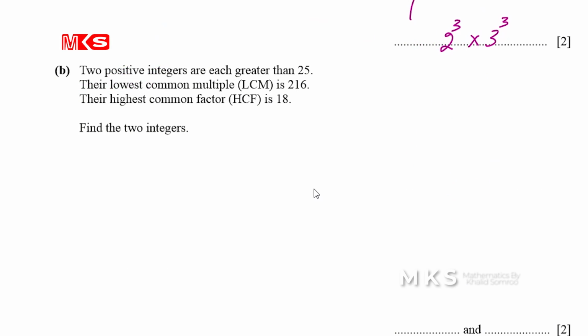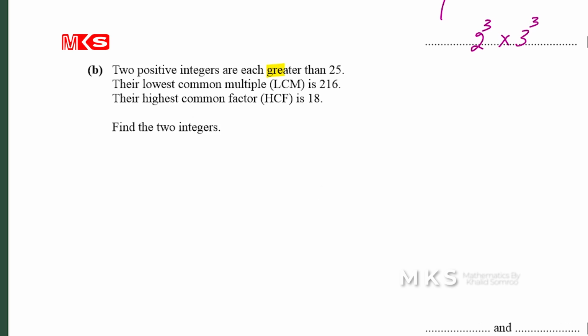Two positive integers are each greater than 25. Their lowest common multiple LCM is 216. Their highest common factor HCF is 18. Find the two integers. Let the integers be m and n.